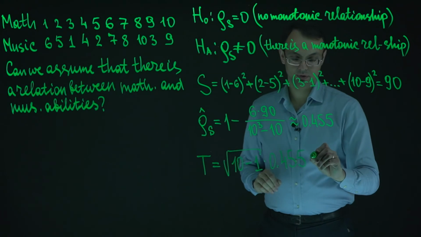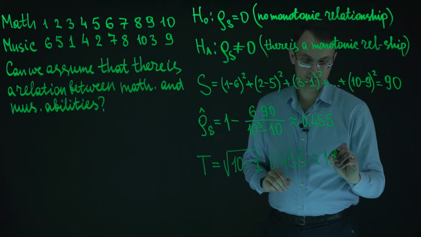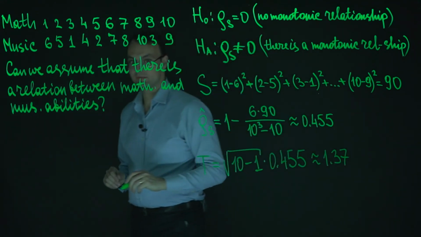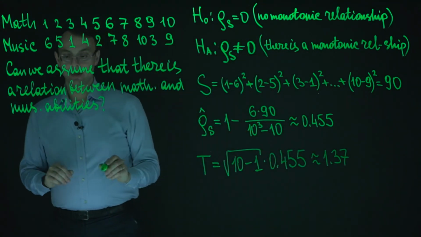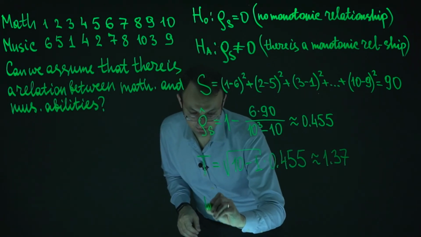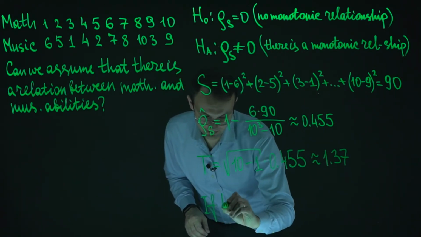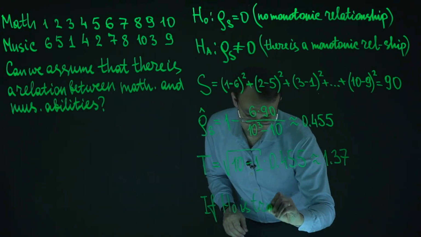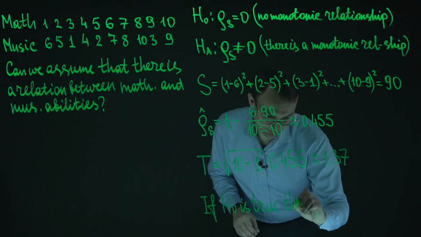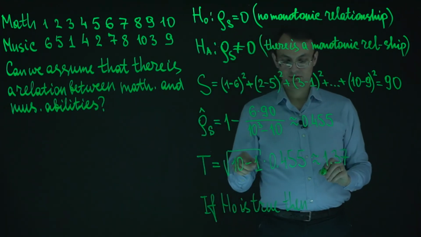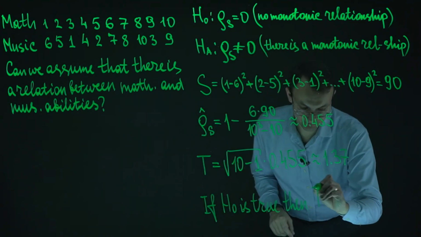And this is approximately 1.37. Now we say that under the null hypothesis, so if H0 is true, then we can assume that the distribution is standard normal.